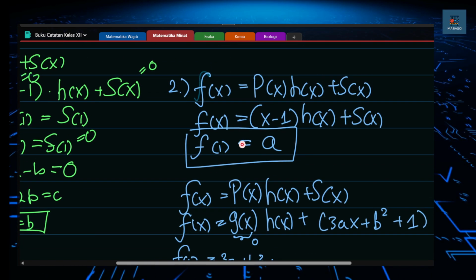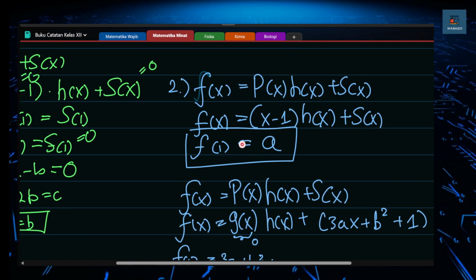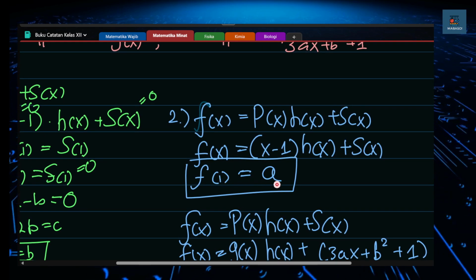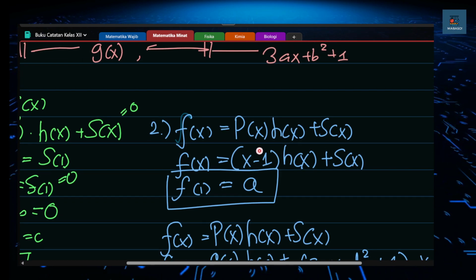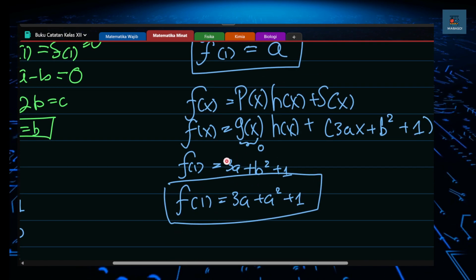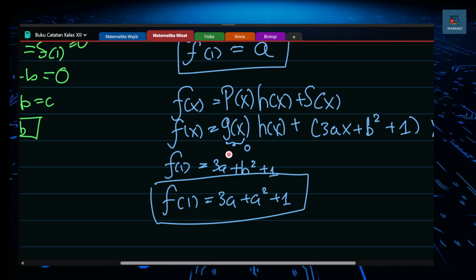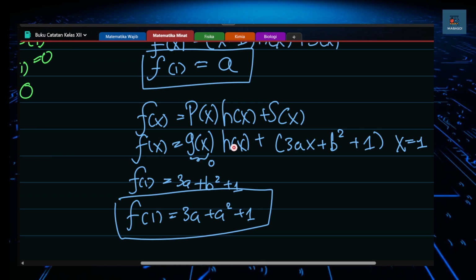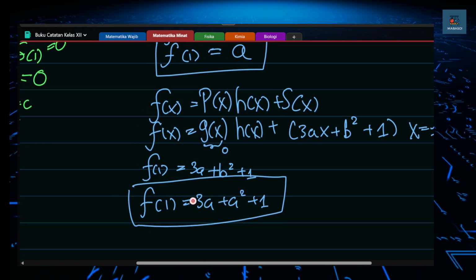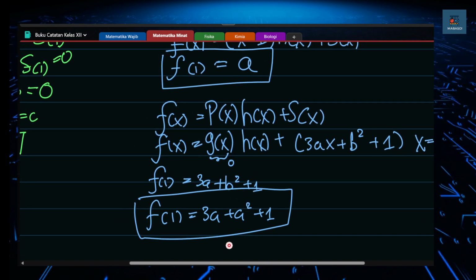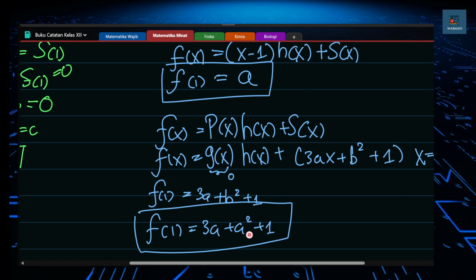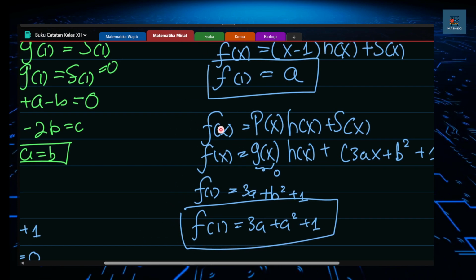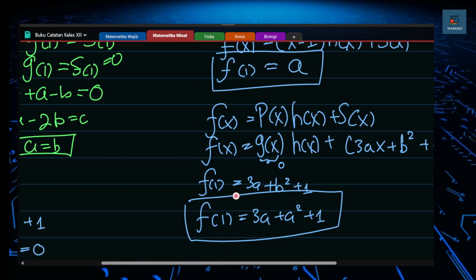Now we knew from the previous information that f(1) is equal to a when divided by x minus 1. And we also knew that if we divide the polynomial with g(x) and choose x equal to 1, f(1) will equal 3a plus a squared plus 1. So this shows the same values, and we could build an equation from here.